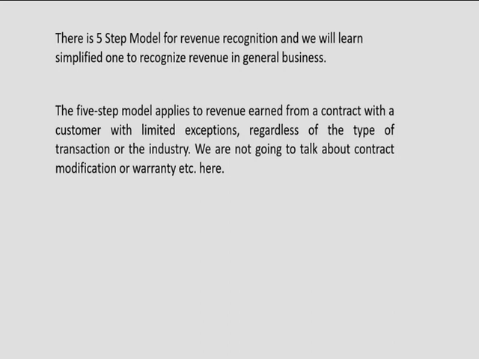The five-step model applies to revenue earned from a contract with customers, with limited exceptions, regardless of the type of transaction or the industry. We are not going to learn about contract modifications or warranties here. It is just going to be a simple five-step model to recognize revenue.